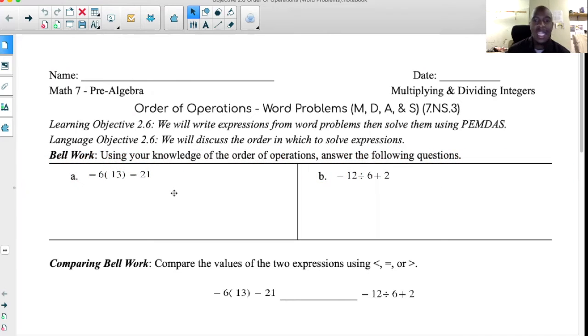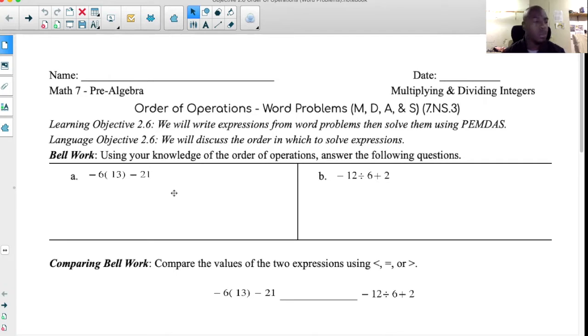All right, let's dive in. Looking at bell work A, we have -6 parentheses 13 minus 21. I want to let you know that whenever you see parentheses in a problem like this right next to a number, and it could be next to a letter as well as we get ready to learn about algebra, that indicates multiplication.